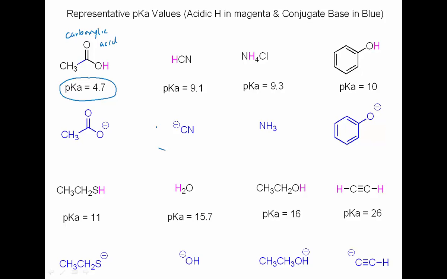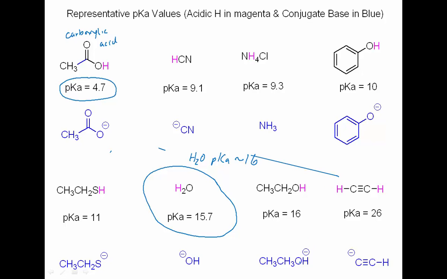A thiol has a pKa of about 11, water 16. This is a number that you have to memorize throughout all of your organic chemistry study, that the pKa of water is approximately 16. That's a value that needs to stick with you for a very long time.